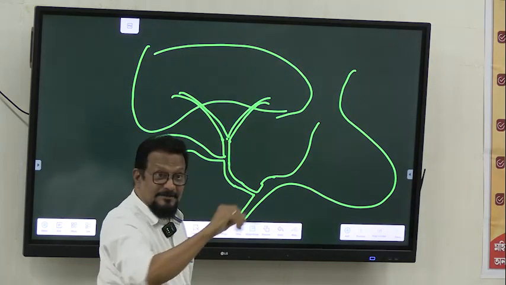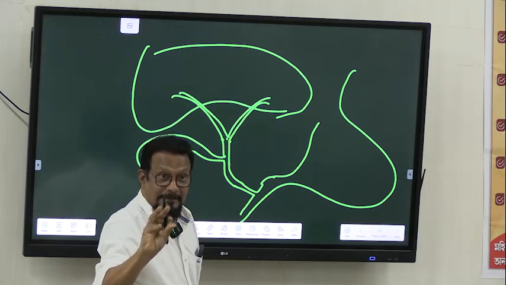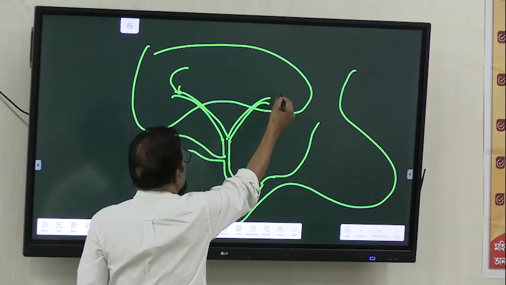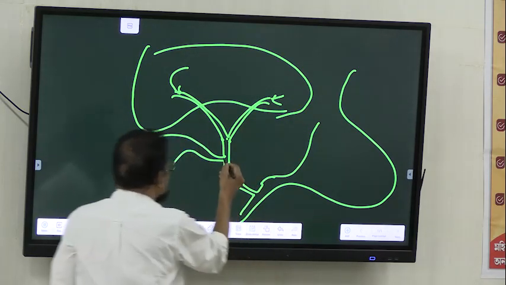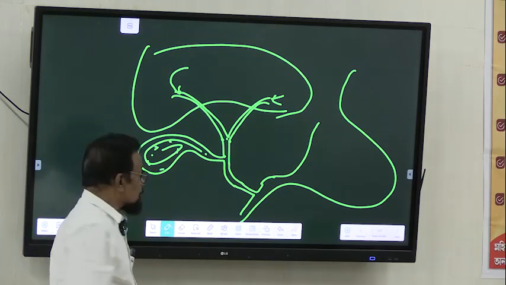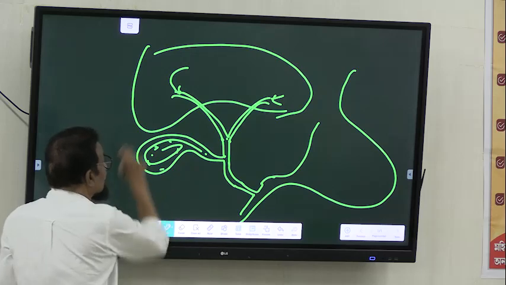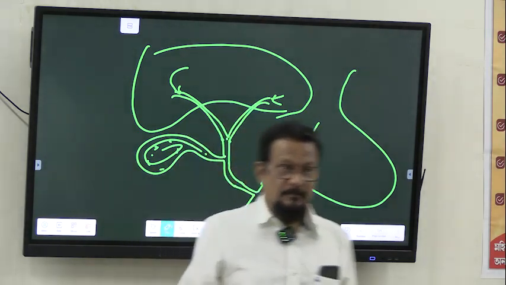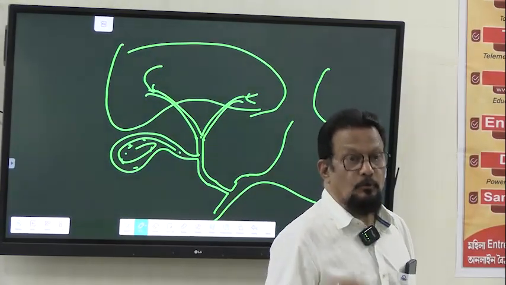So it has synthesized what? Conjugated bilirubin. Now this conjugated bilirubin will be liberated from the liver into the bile, and this bile will be stored here. So when we take food and it enters into the duodenum, the gallbladder contracts, influenced by a local hormone, cholecystokinin.